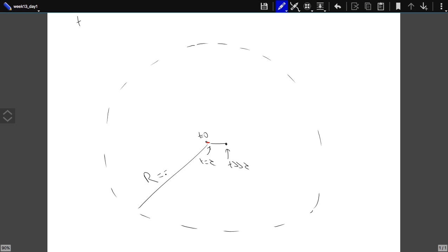Let's say the radius is c times t. Any point out of this region doesn't yet know about this acceleration. The particle was at rest to start with, so the electric field lines were just radially outward. Out of this sphere, the electric field lines will still be radially outward, because they didn't yet feel the acceleration.